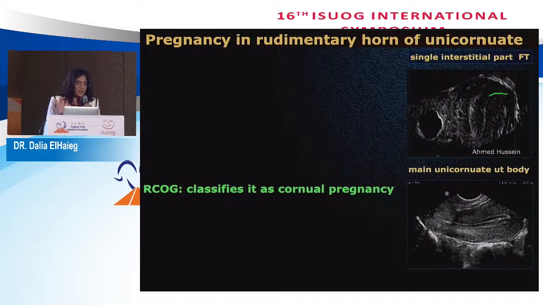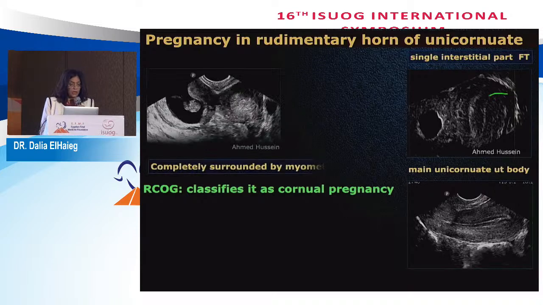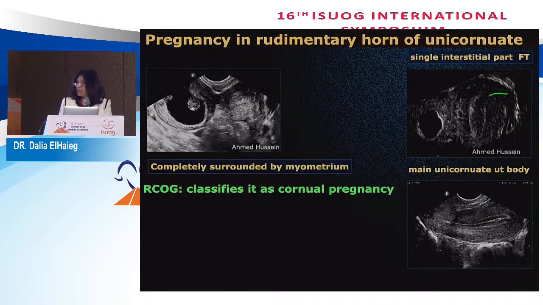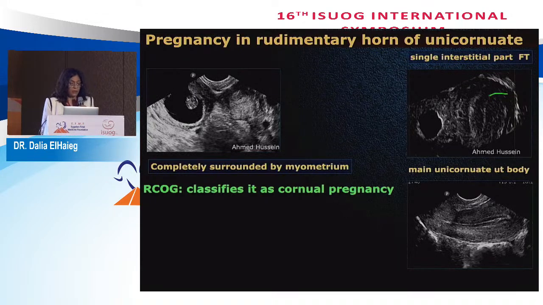So, with strict diagnostic criteria, the main uterine body should be unicornuate with a single interstitial tube, and the ectopic mass should be completely surrounded by myometrium. This is differentiated from tubal ectopic, and it's separate from the uterus.